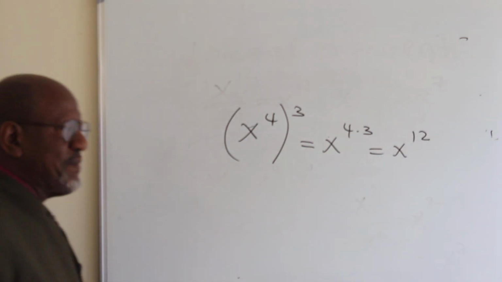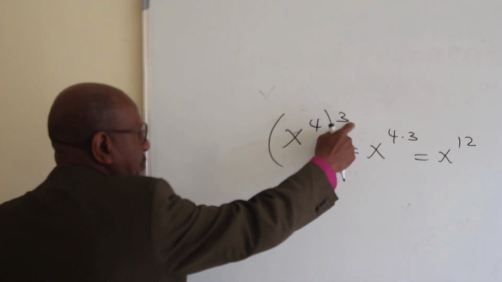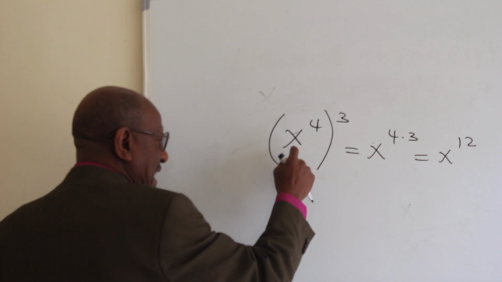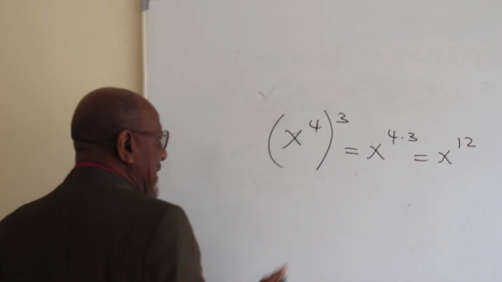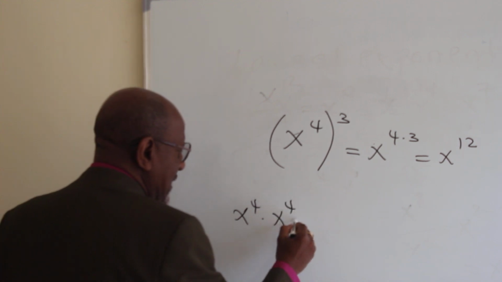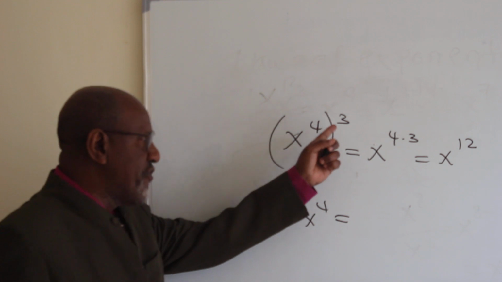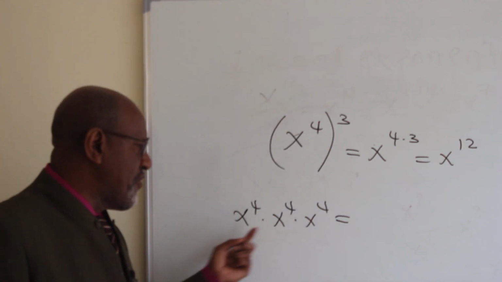And look why that has to be so. What does x to the 4 to the power 3 mean? It means x to the 4th times x to the 4th times x to the 4th. Because it's to the power 3, that means multiplied by itself 3 times.